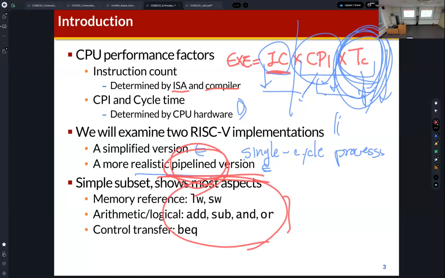For memory instructions, our processor will support load word and store word. For arithmetic or logical instructions, it will support add, sub, and, or. And for control instructions, I assume that the processor will support beq, branch if equal.